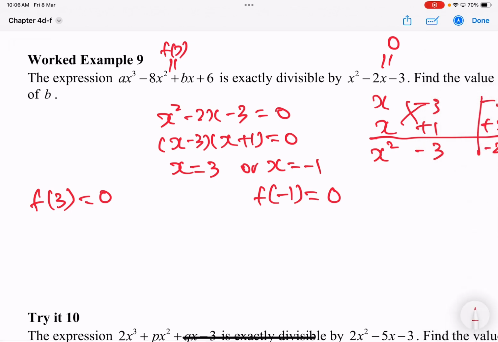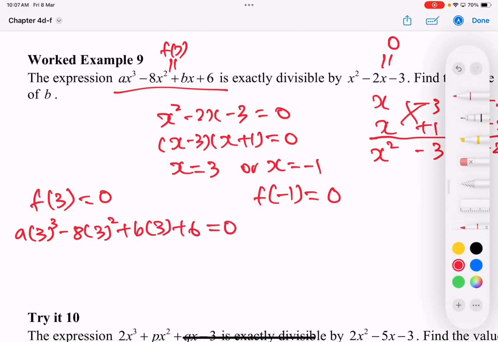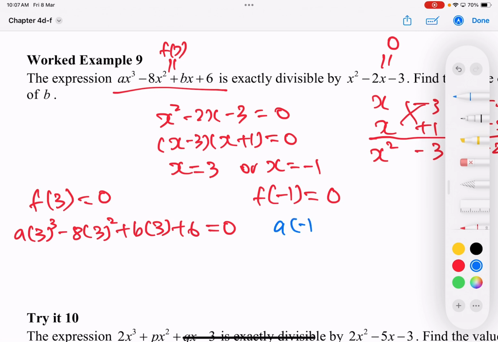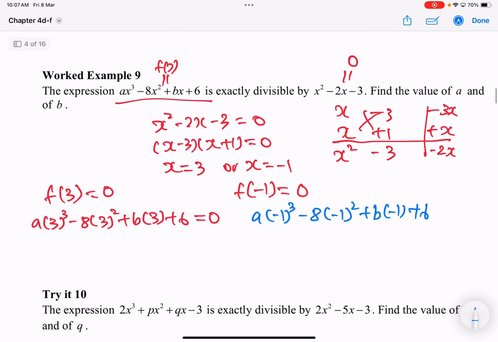So let's quickly substitute it in. My x is 3 into this original function: a times 3 cubed minus 8 times 3 squared plus b times 3 plus 6 equals 0. Not the prettiest equation, but it's still doable. Just be patient. Next, substitute negative 1: a times negative 1 cubed minus 8 times negative 1 squared plus b times negative 1 plus 6 equals 0.